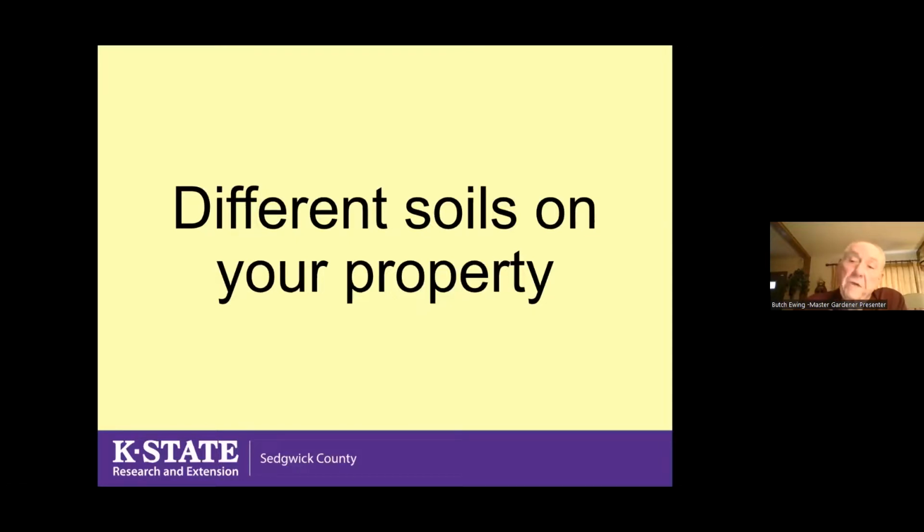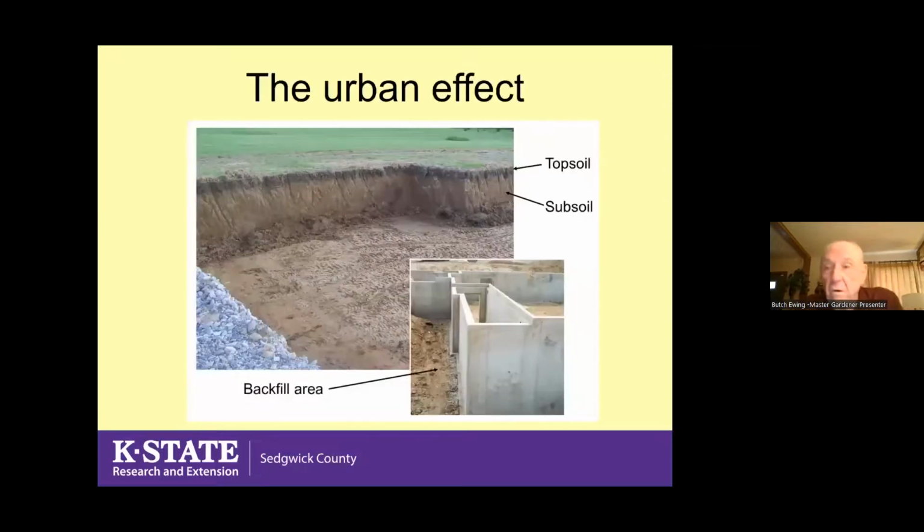Well, it's kind of hard sometimes to understand when you have a lot that's maybe 60 feet wide and 150 feet deep, how you can have more than one kind of soil on a lot that's no larger than that. Well, it's because of what I call the urban effect. Of course, when they go to build a house for you on that lot, the first thing they do is dig a gigantic hole in the ground.